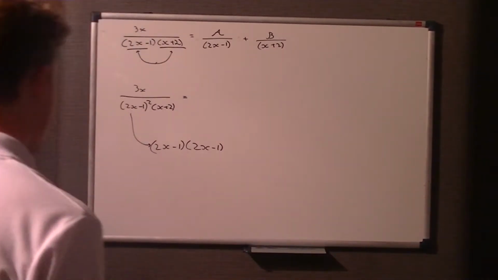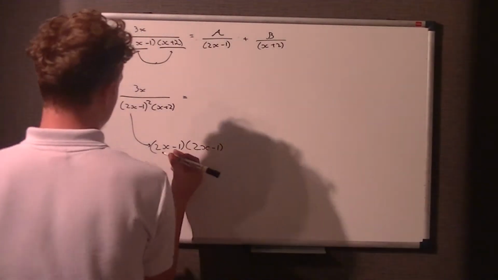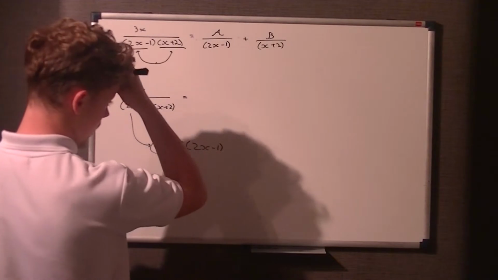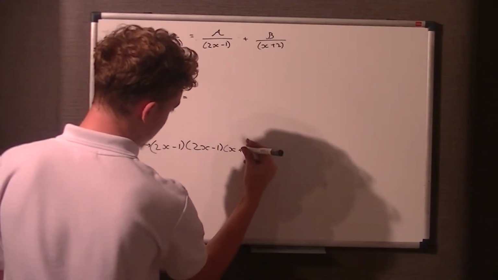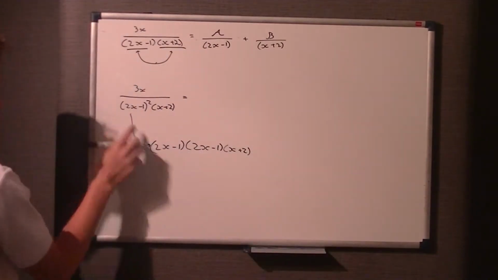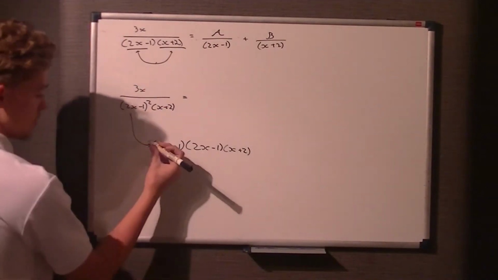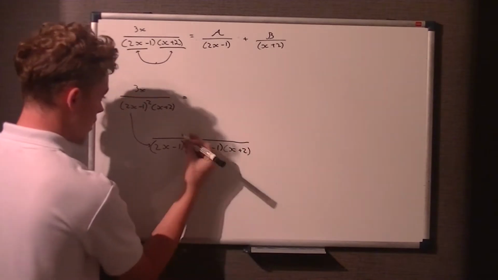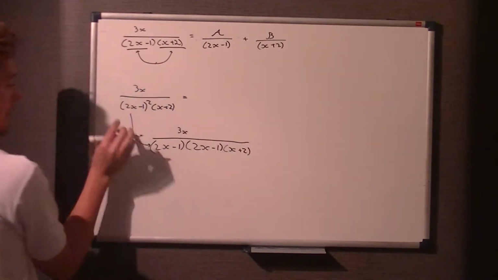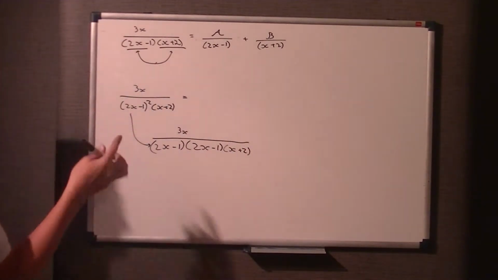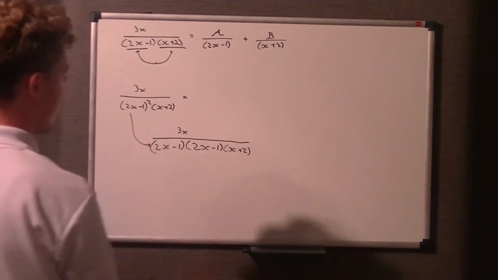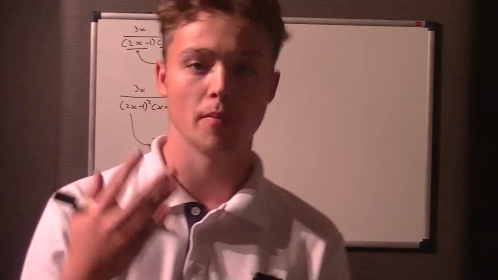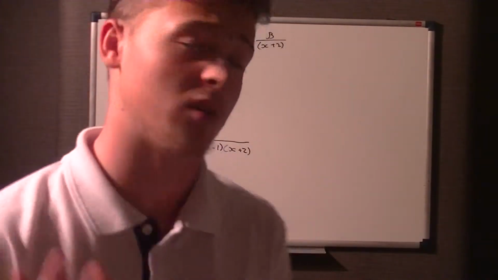So we could rewrite that 3x over 2x take 1 squared times x plus 2 as 3x over 2x take 1, 2x take 1, x plus 2. Now these two fractions mean exactly the same thing, but one is just a shortened version of the other, because it would be quite a mouthful to write all that out. For some, you might have to the power of 5, and that's going to take quite a long time.